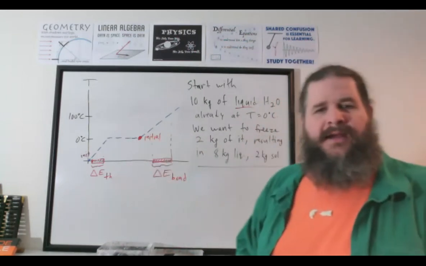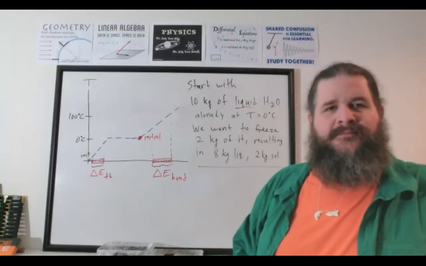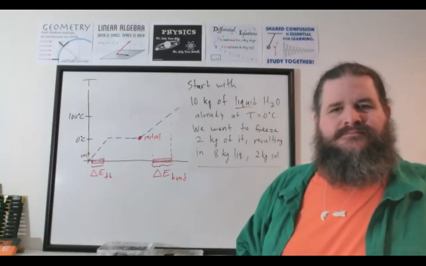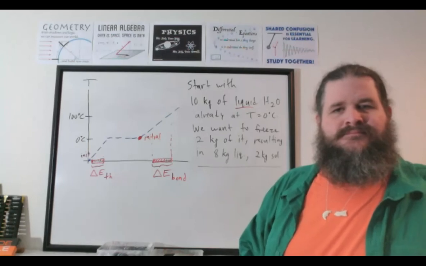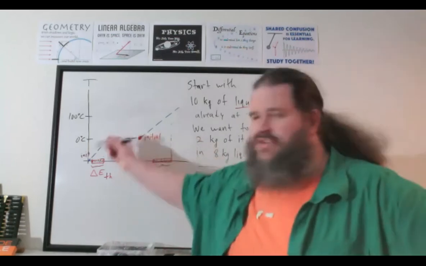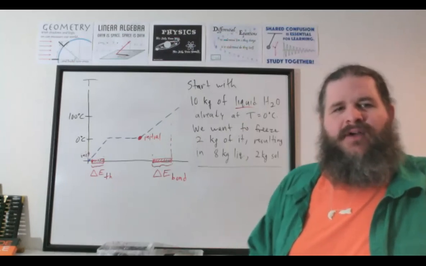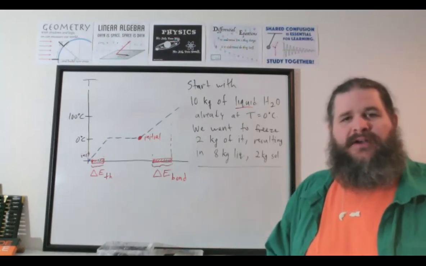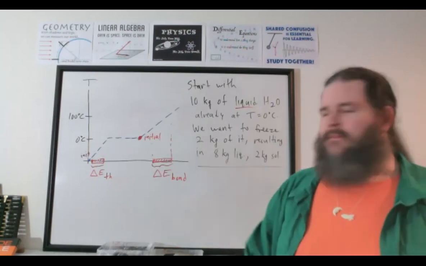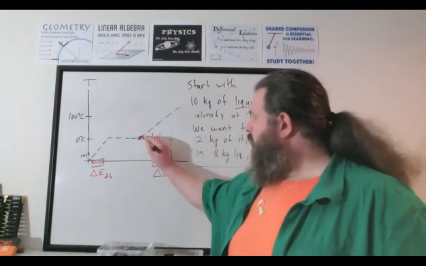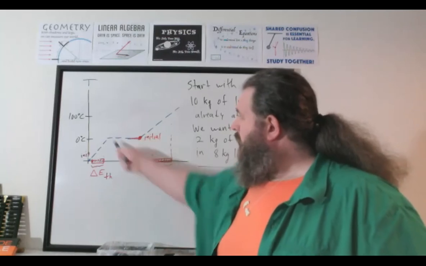If we're freezing it, do we have to add or remove energy? Yeah, we got to remove energy to allow those bonds to form. And also just conceptually, if you've got water and you want to freeze it, you got to remove energy from it, extract heat. So we're going to go to the left, but not all the way.